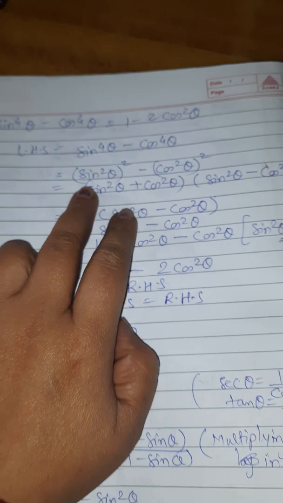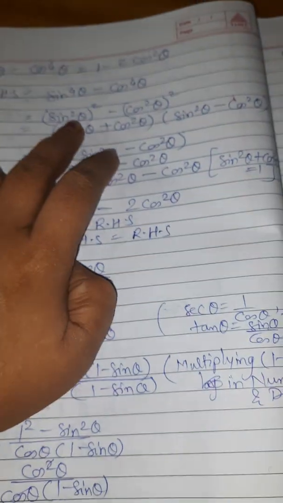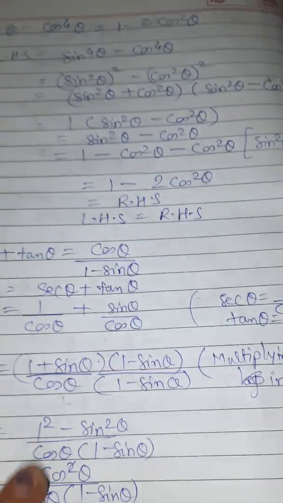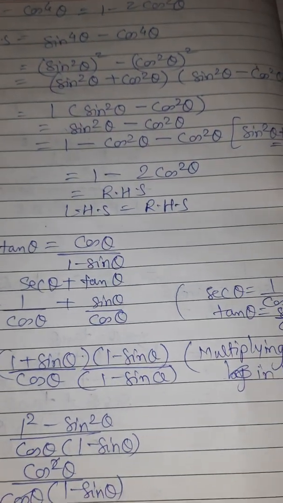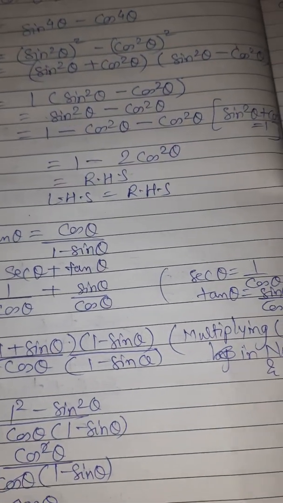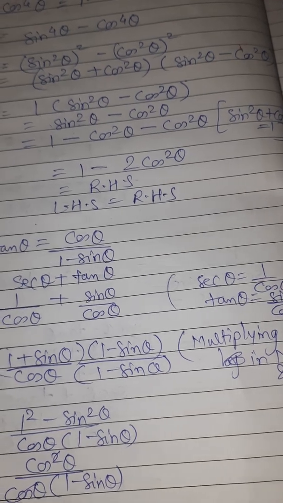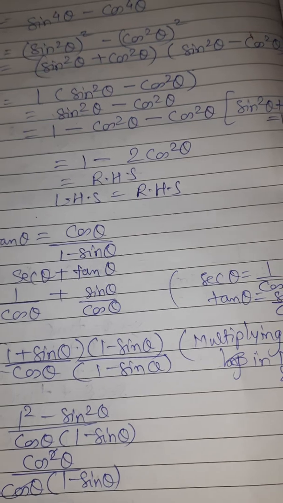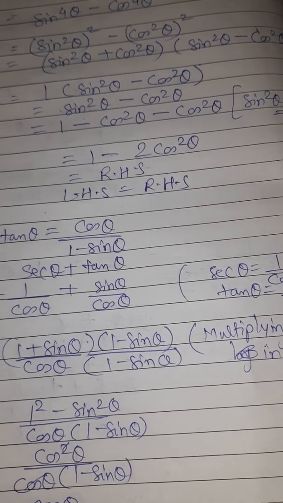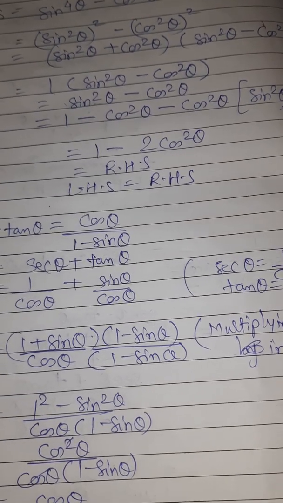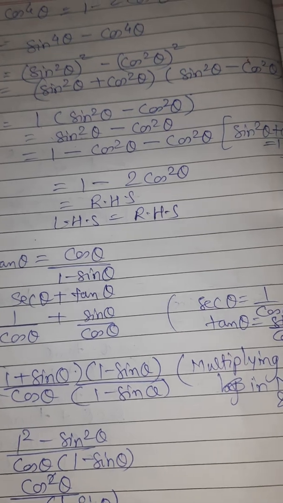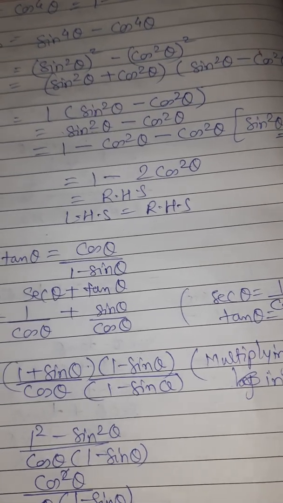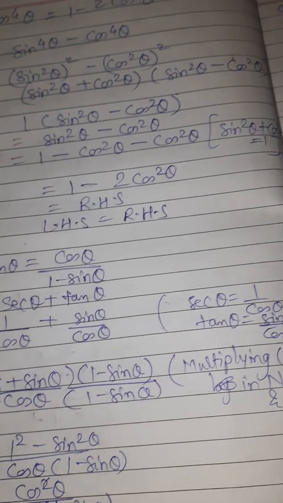Now see here, sin square theta whole square minus cos square theta whole square we take. So now a square minus b square. What is the a square minus b square identity? a minus b and a plus b. Here a equals sin square theta and b equals cos square theta. So sin square theta plus cos square theta and sin square theta minus cos square theta.